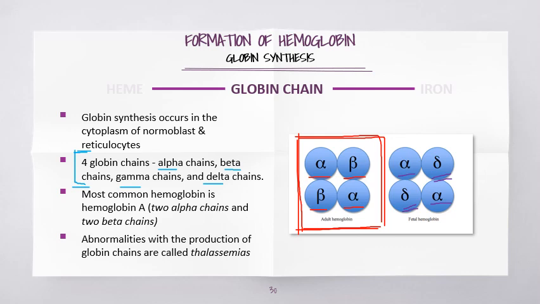It is a mutation in a gene that will cause decreased or absent synthesis of the globin chain. We call it alpha thalassemia if the abnormality is on the alpha chain, or beta thalassemia if it occurs in the beta chain. Okay?